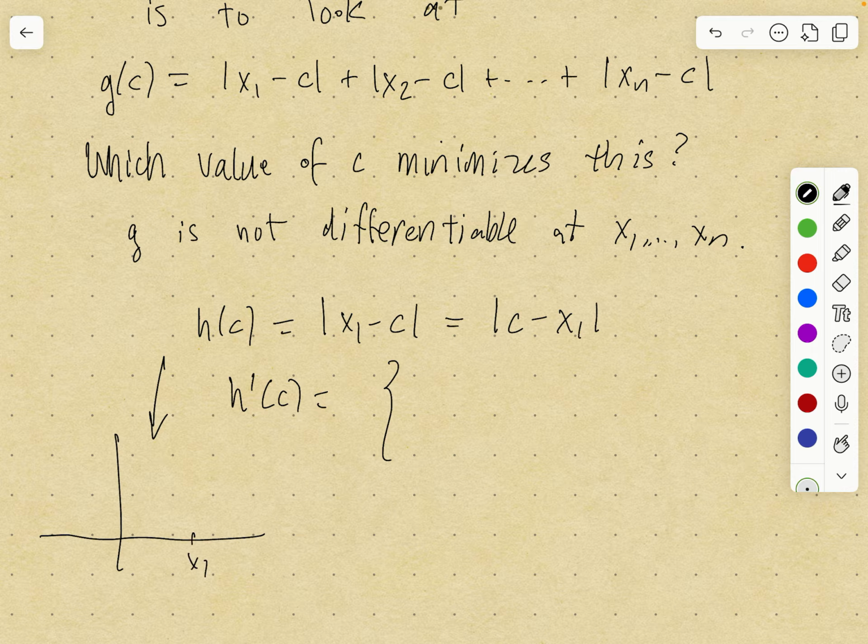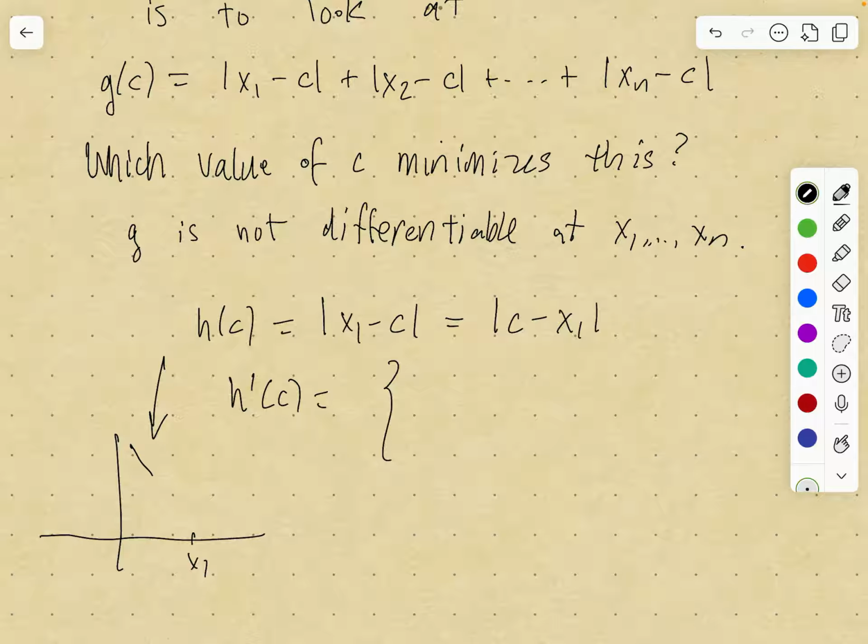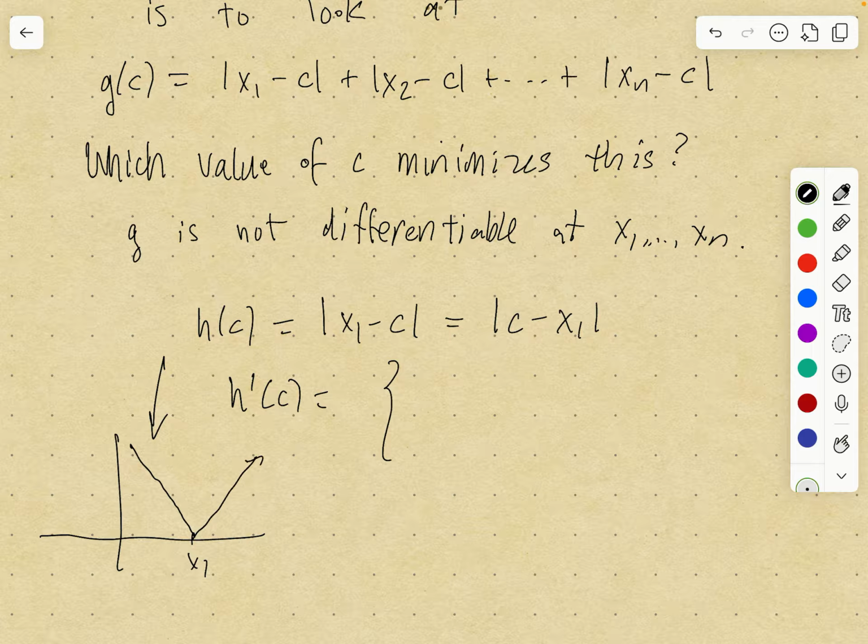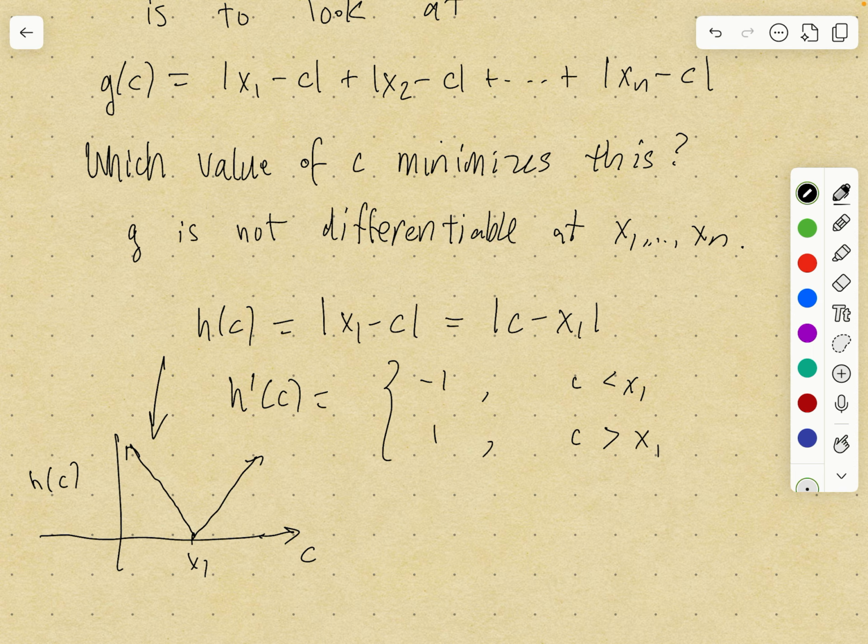So if x1 is positive, then this function is just the absolute value shifted x1 units to the right. So it's going to look like this. This is a function of c. That's your h of c. And so the derivative is going to be -1 if c is less than x1 and 1 if c is greater than x1. And it's not differentiable at x1. Okay?